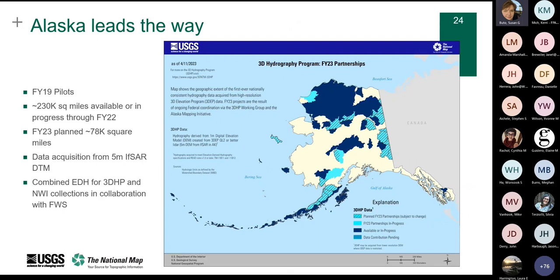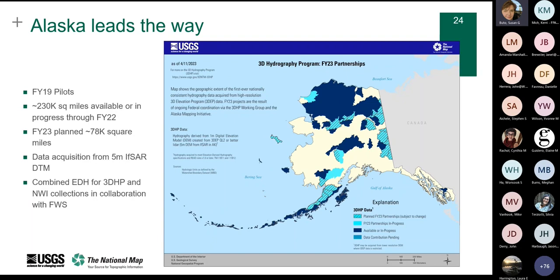And so we've started this effort in Alaska. The effort in Alaska has been funded by the USGS Alaska map modernization funds, as well as some partnerships with Bureau of Land Management and Fish and Wildlife Service.